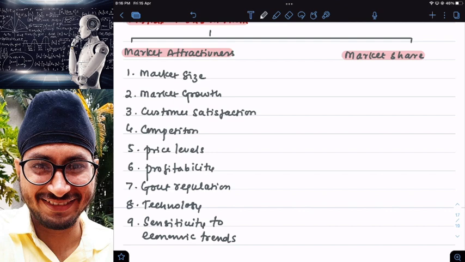Attractive market. Sir, government regulations are very less in a particular market. It's an attractive market. Technology does not change frequently, sir. That is why I need not invest in new technologies every time. Again, it's an attractive market. I am able to change my business as per the economic trends. Attractive market. So these are some factors which will decide whether a market is attractive or not.